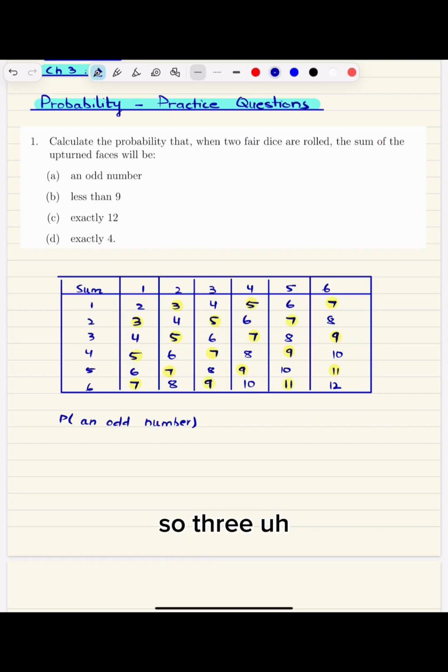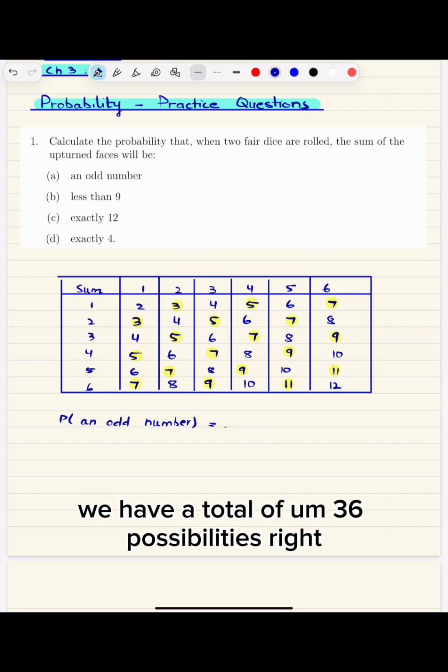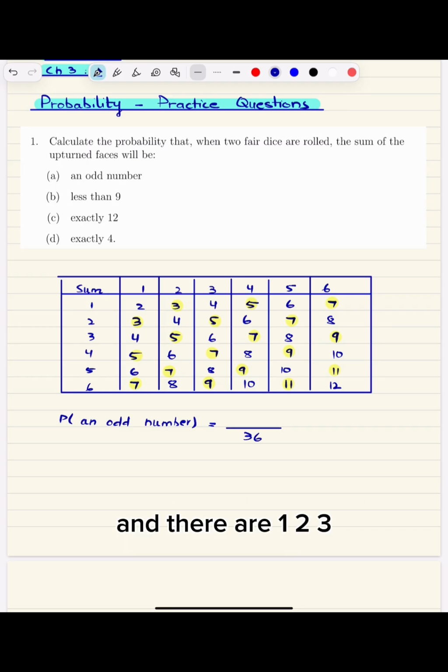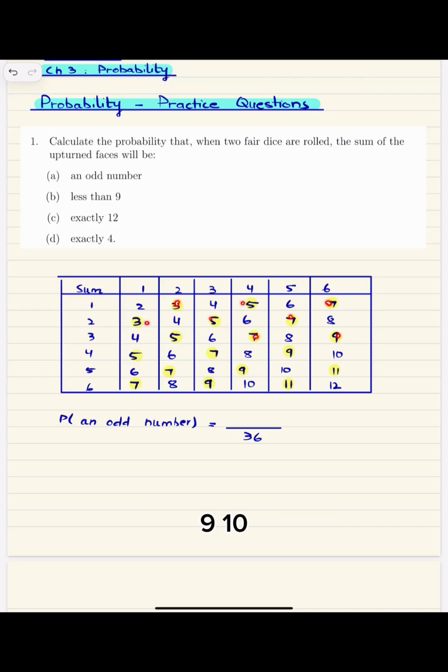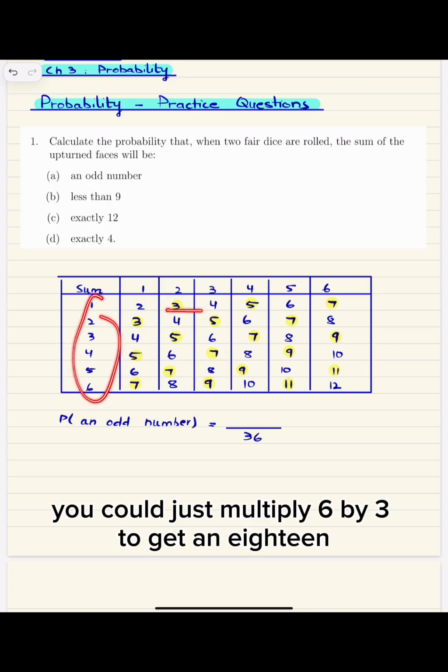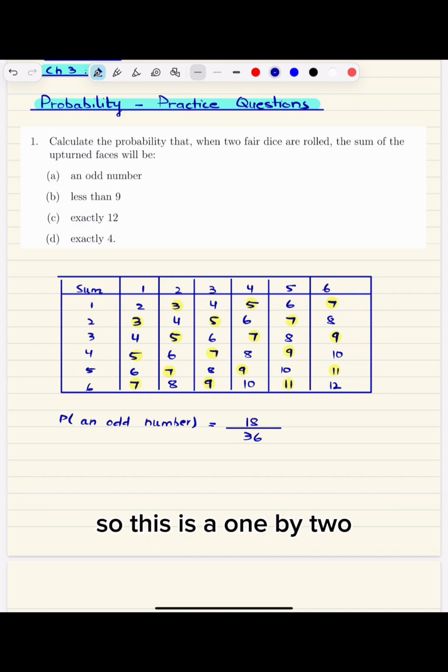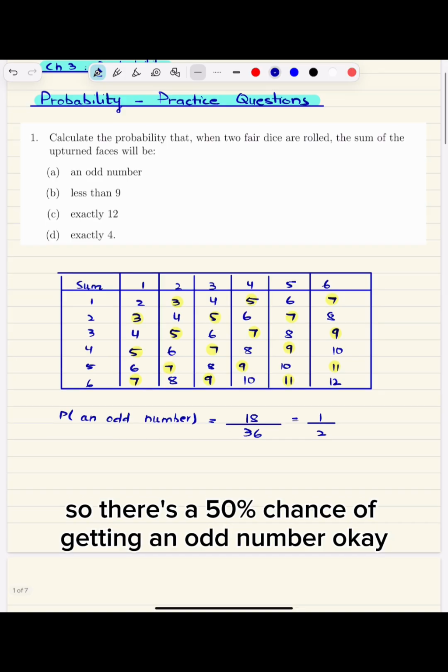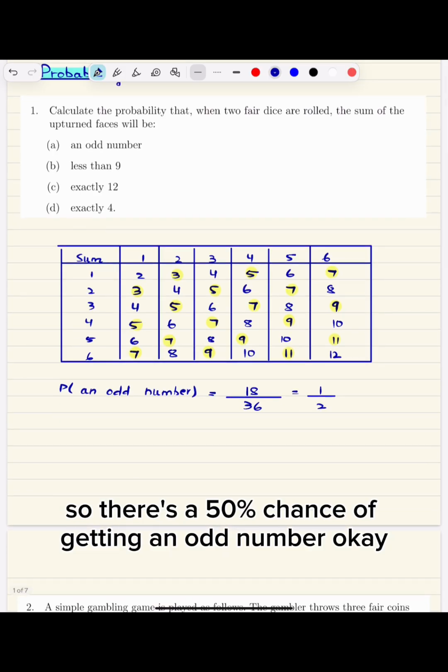So we have a total of 36 possibilities, right? And there are 18 odd ones. Or basically you could just multiply 6 by 3 to get 18. So this is 1 by 2, so there's a 50% chance of getting an odd number.